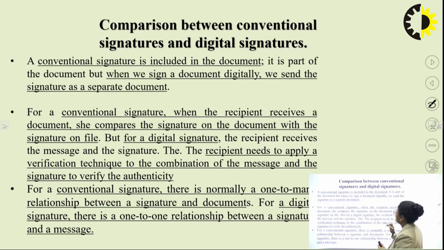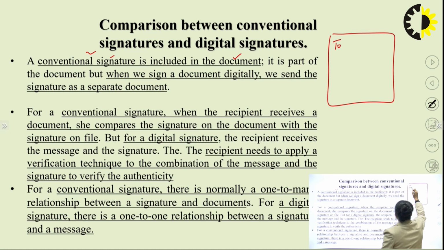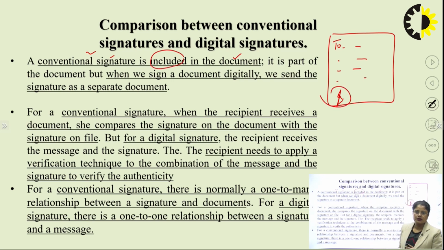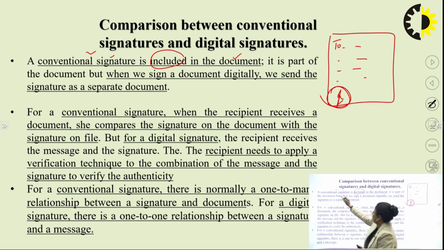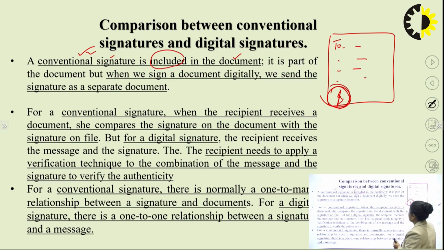Now, to start with, the first one is that when we are talking about a conventional signature, you include it in the document. For example, we are writing a manual letter to some person, and finally we give a signature. So the manual signature is included in the document.